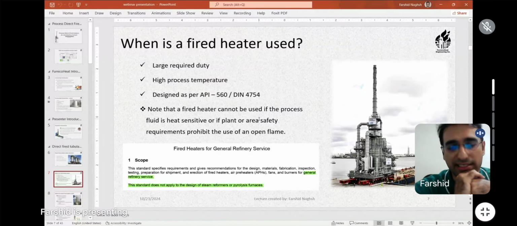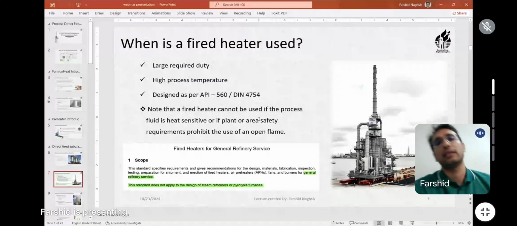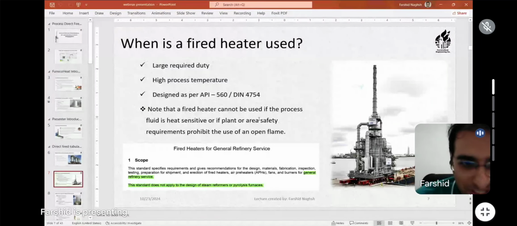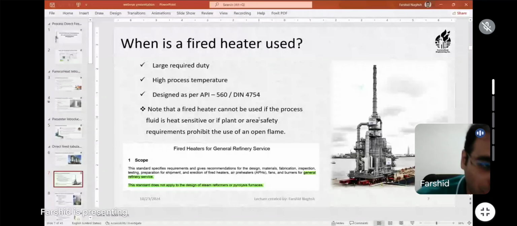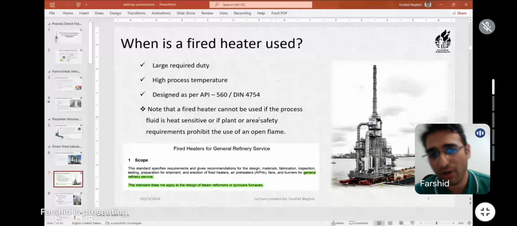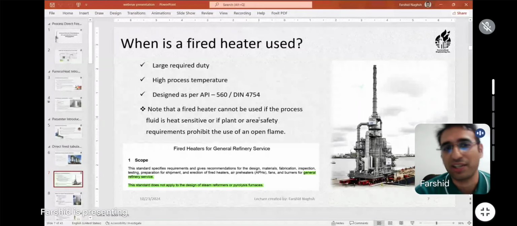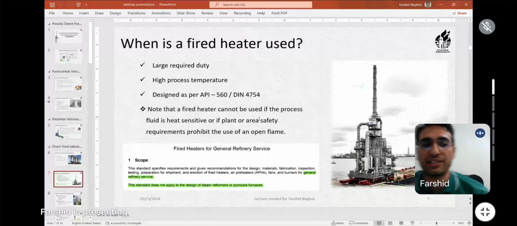A fired heater is a heat exchanger because it exchanges the heat that is produced by the burners. Yes, this definition is also correct. Direct fired heaters are a sort of heat exchangers. But we also have other sorts of heat exchangers, like shell and tube heat exchangers, like boilers. They are also a type of heat exchangers.